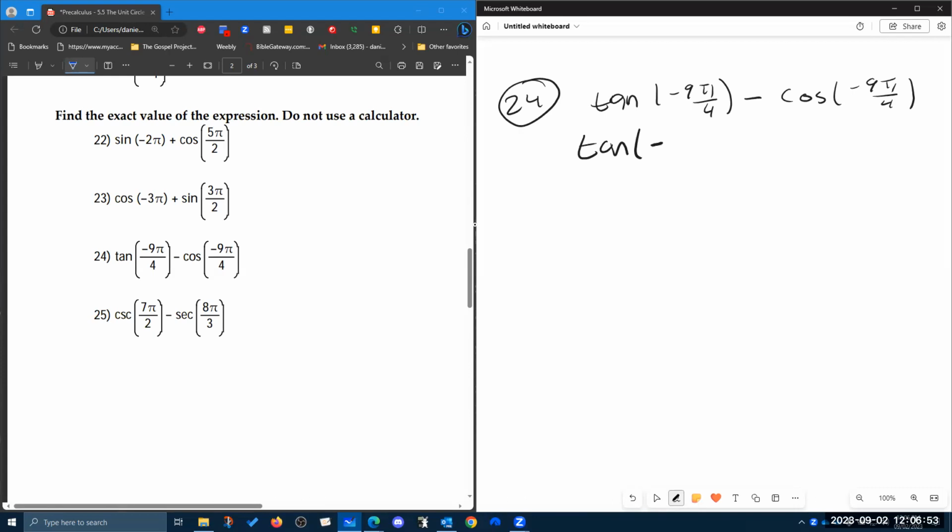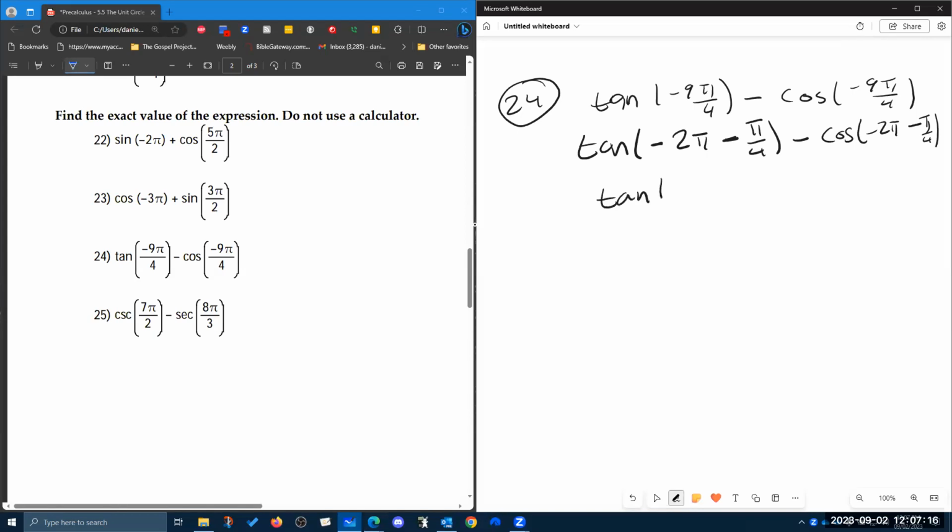So this is negative 2 pi minus another pi over 4. And then this is minus cosine of negative 2 pi minus pi over 4.